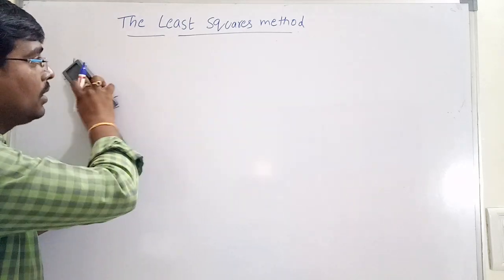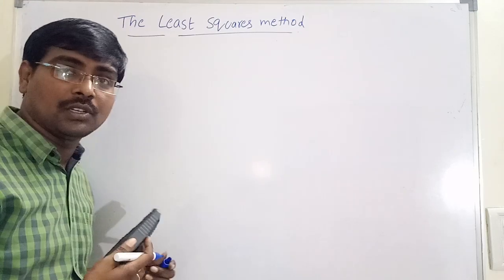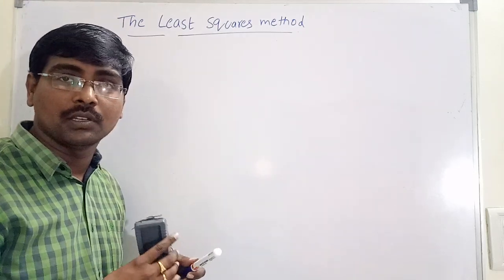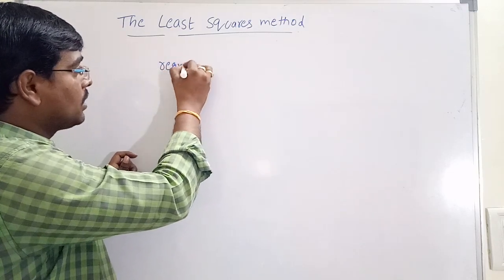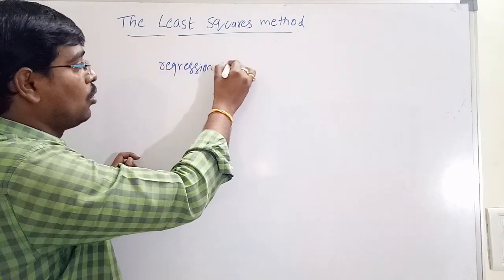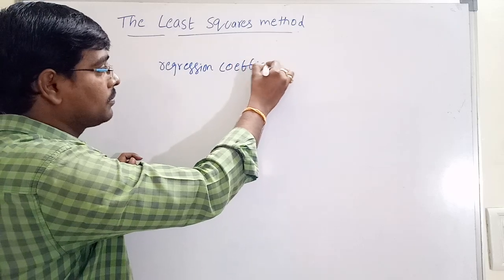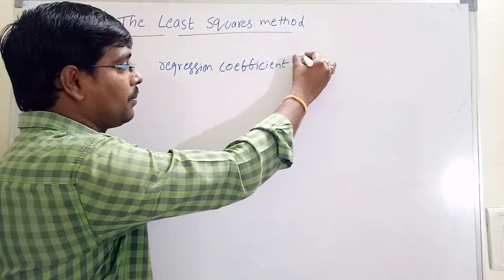Okay. By observing this equation, how do we get the regression coefficient B cap?